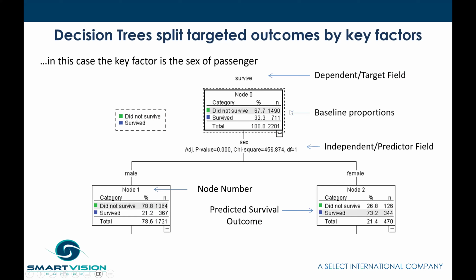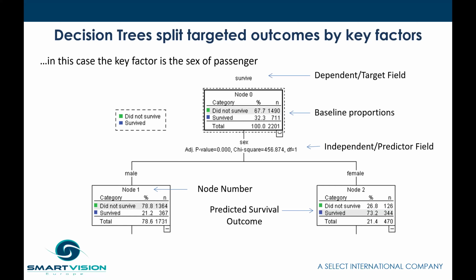The key field would be something like, did the person relapse on a treatment, or were they readmitted to hospital, or what was the level of satisfaction with treatment, or what was the category of length of stay, some key outcome which could be affected by many other fields.